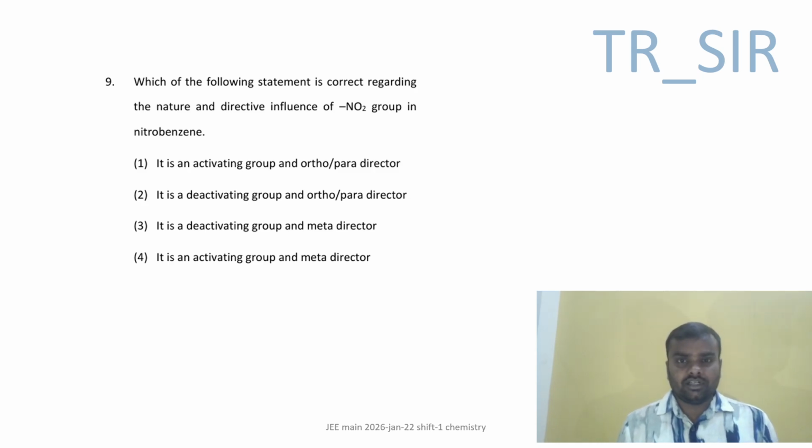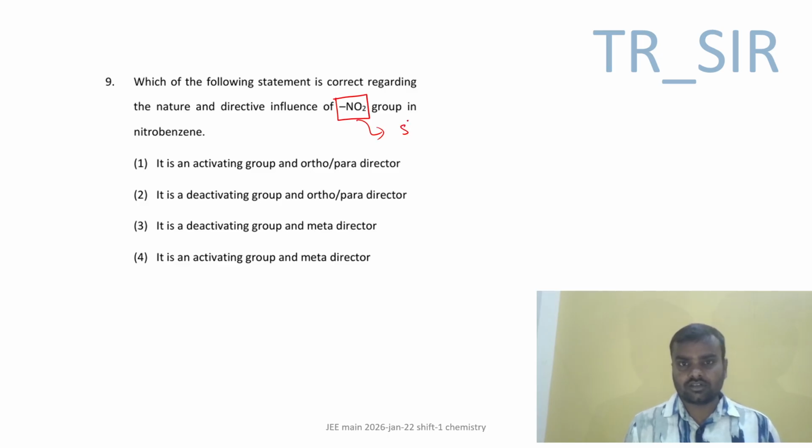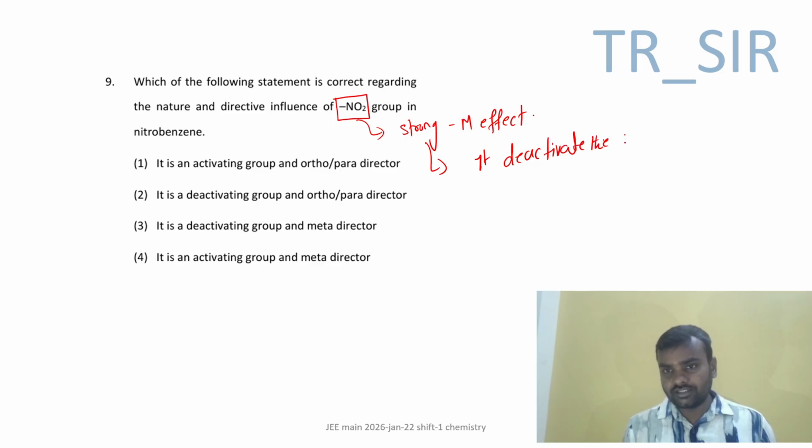Which of the following statements is correct regarding the nature and the directing influence of NO2? Guys, the NO2 group has a strong minus M effect. So if it is a strong minus M effect, it deactivates the benzene ring for electrophilic aromatic substitution.